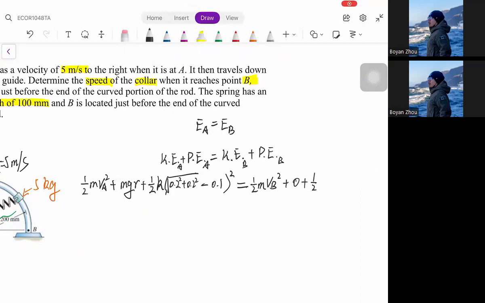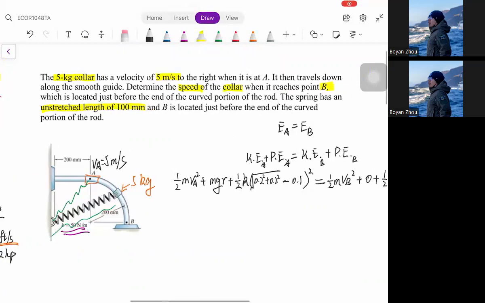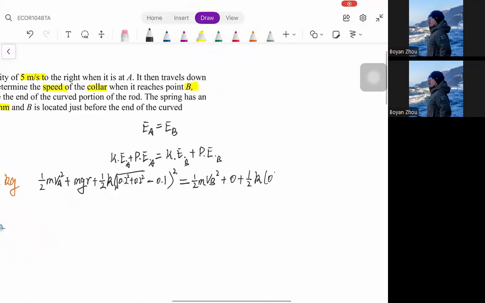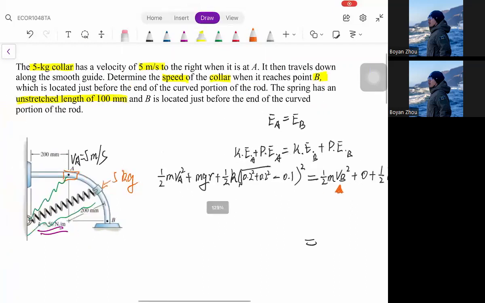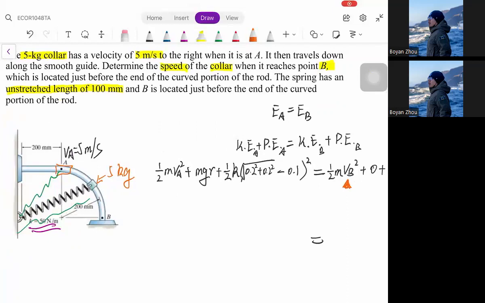So it's half k, and that is going to be 0.4 minus 0.1, to the power of 2. And then from this equation, the only unknown is the vB. So everything else is a known condition.